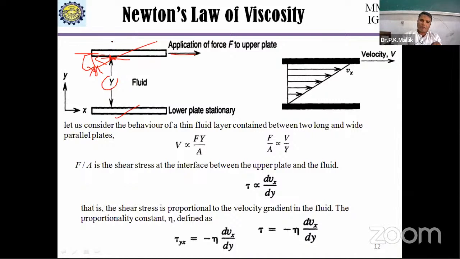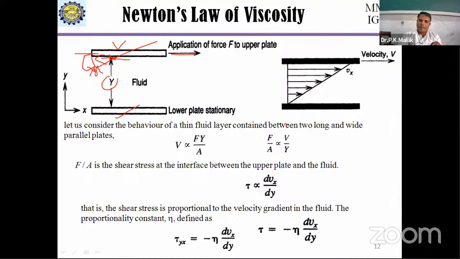The upper plate maintains the velocity v, and at steady state Newton found that the velocity v is proportional to the applied force F and to the spacing y, and inversely proportional to the surface area of the plate.